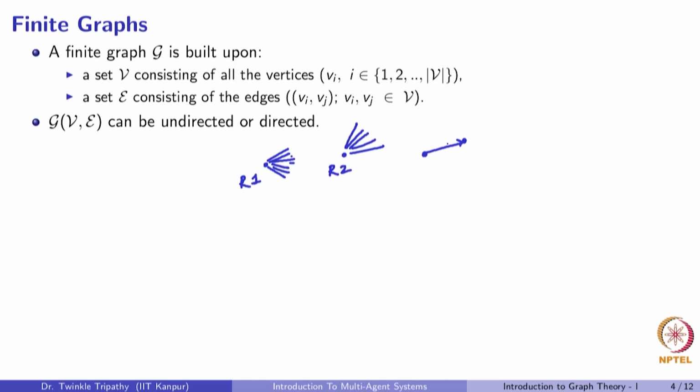But now imagine the scenario when they have omnidirectional cameras, meaning they can look at a 360-degree view. In this case, both R1 and R2 are actually able to look at each other. While the first case makes the graph directed, this will always result in an undirected graph.